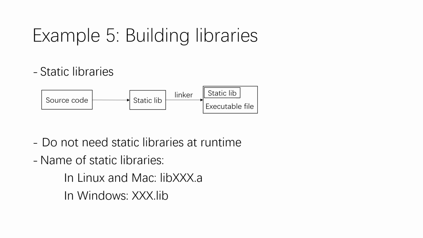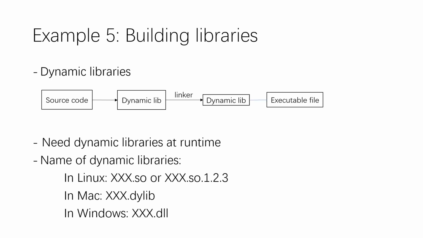In Linux and Mac, the name of static libraries is libsomething.a, and in Windows, the name is something.lib. For dynamic libraries, it also generates the lib first, but then the linker will not copy the content from the dynamic lib to the executable file. It just links them together.